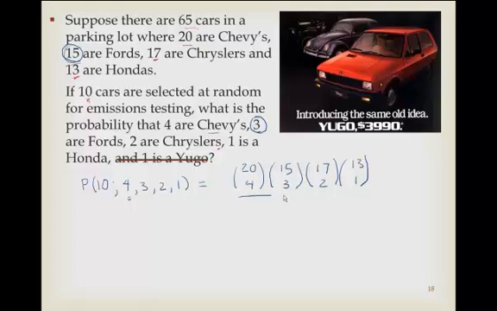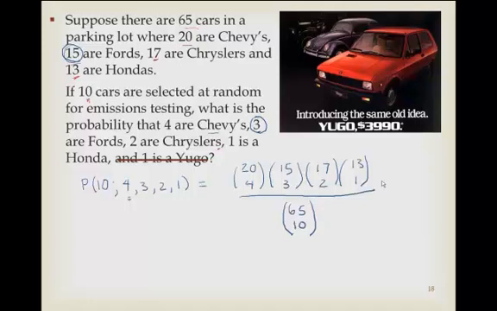And now we need to divide that by big N choose little n. Our big N is the sum of all of the different kinds of cars we've got, which is 65, and we're choosing from that 10.